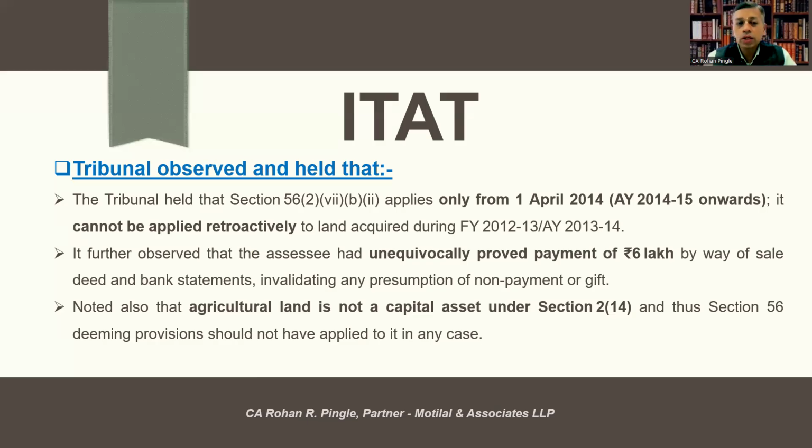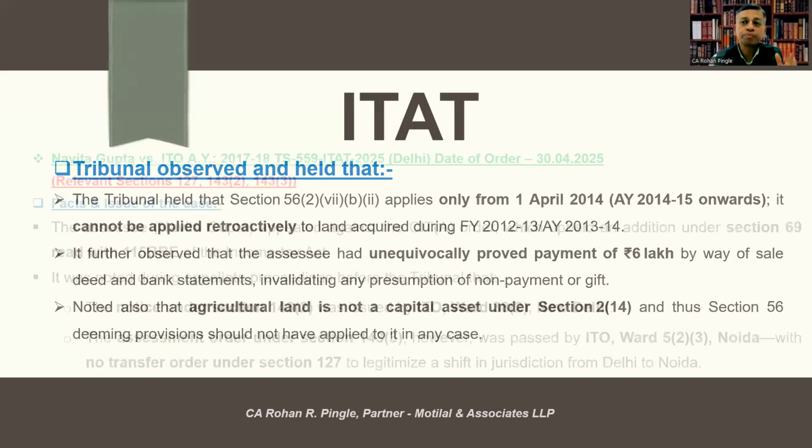It further observed that the assessee had unequivocally proved payment of rupees 6 lakh by way of sale deed and bank statements, invalidating any presumption of non-payment or gift. Noted also that agricultural land is not a capital asset under section 2 subsection 14 and thus section 56 deeming provision should not have applied to it in any case.